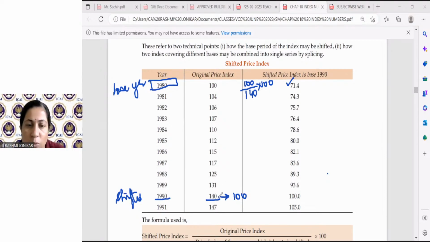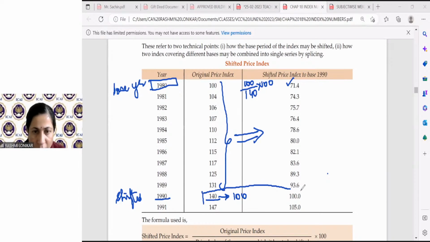When I do that, all the original figures will change to these figures. Originally 100, now because the base has become 140, becomes 71.4. 104 becomes 74.3, and so on and so forth. The most important thing is that here you should first write this as 100. This is more for your understanding.